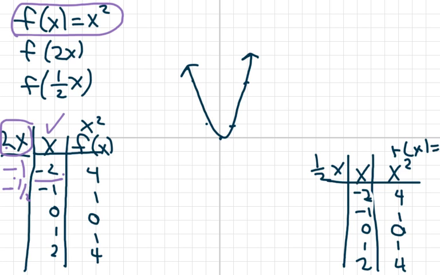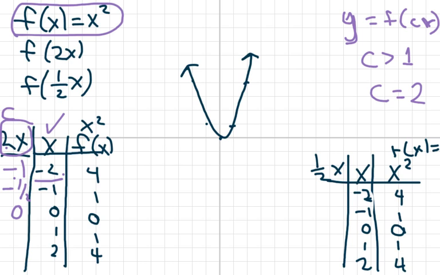So you're really dividing your x by the c portion. This is called the c portion. If you're doing y equals f of c x, since c is bigger than 1, basically we're dividing our x by whatever our c is. In this case, our c equals 2. And then you just graph these points.